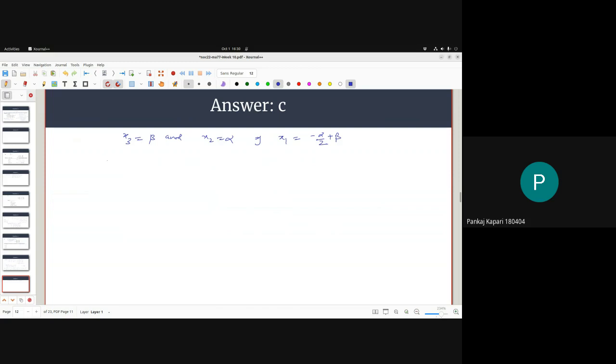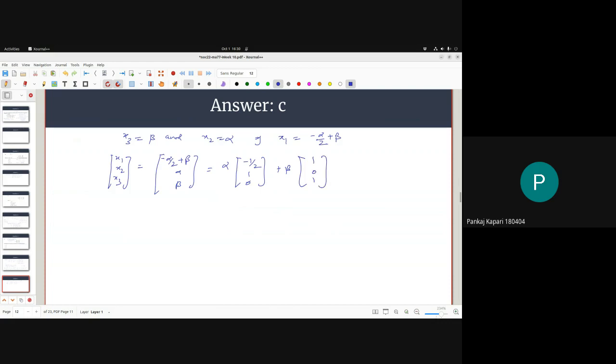Now, any vector x1, x2, x3, how can we write it? x1 is minus alpha by 2 plus beta, x2 is alpha, and x3 is beta. This can be written as alpha times minus half, 1, 0 plus beta times 1, 0, 1.